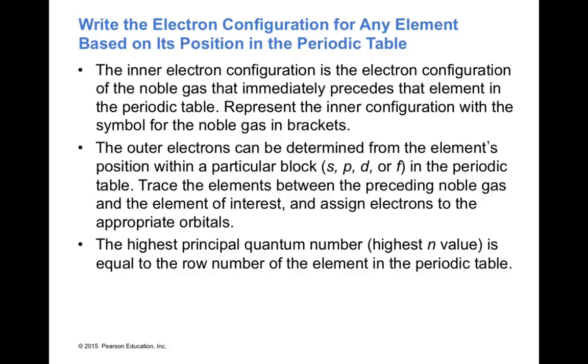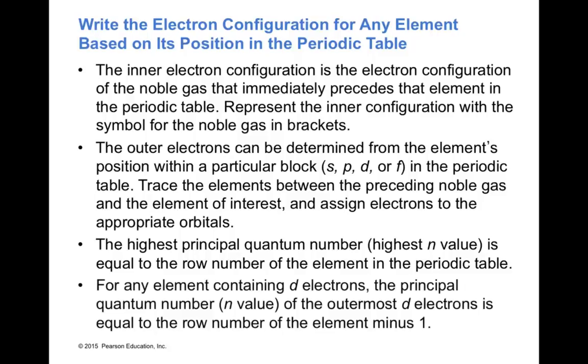So that's the highest n value. For any element containing d electrons, the principal quantum number n value of the outermost d electron is equal to the row number of the element minus 1. So that's why when we reach period 4, we're going to have 4s and 3d instead of 4d, because we subtract 1 from the row number.